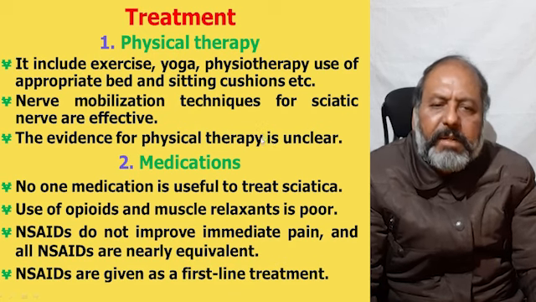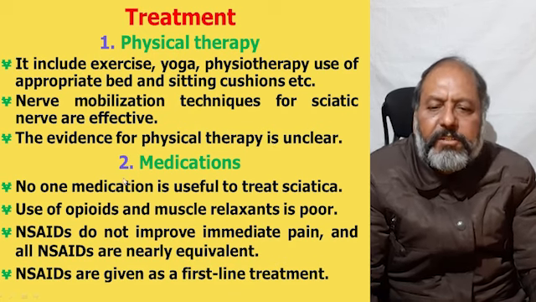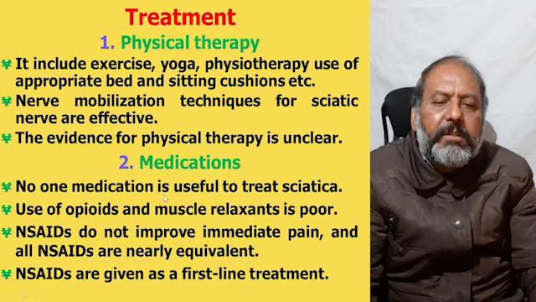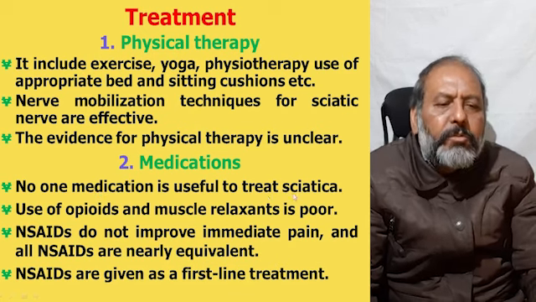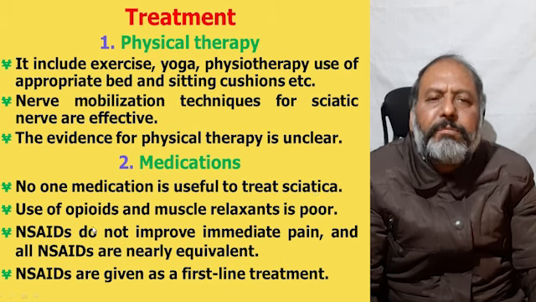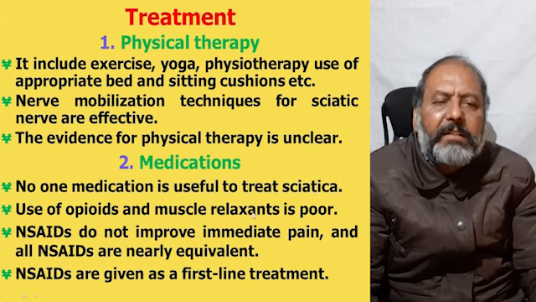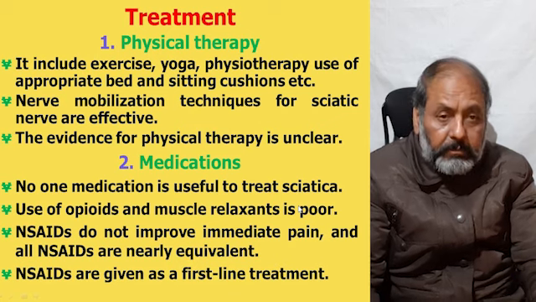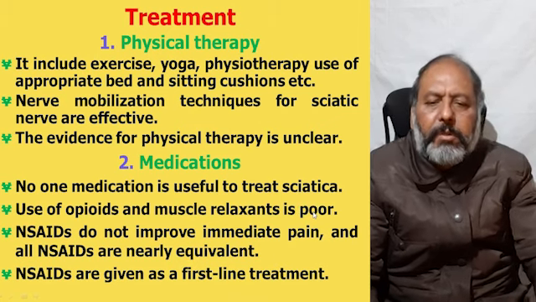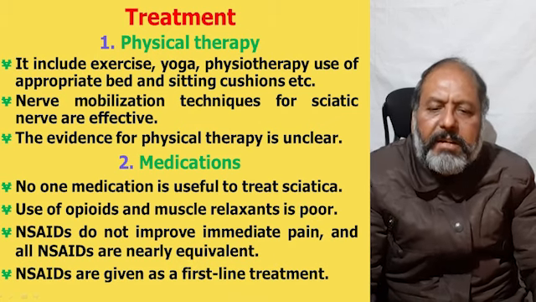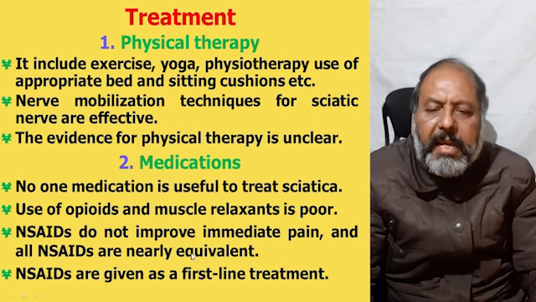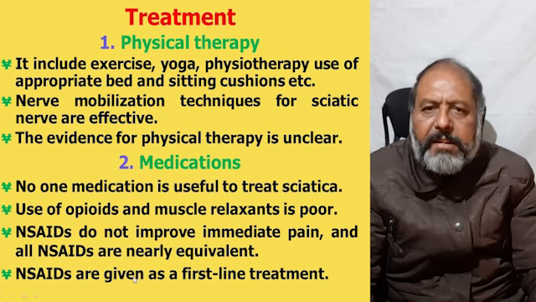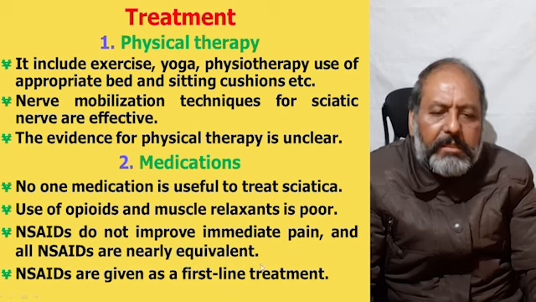Number two part of the treatment is medication. No one medication is superior to the other to treat sciatica. Use of opioids and muscle relaxants is not very encouraging and is just poor. Non-steroidal anti-inflammatory drugs do not improve immediate pain, and all non-steroidal anti-inflammatories are nearly equivalent.